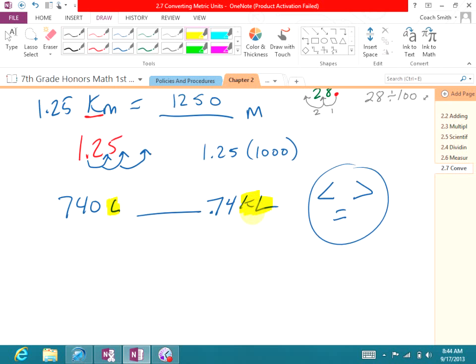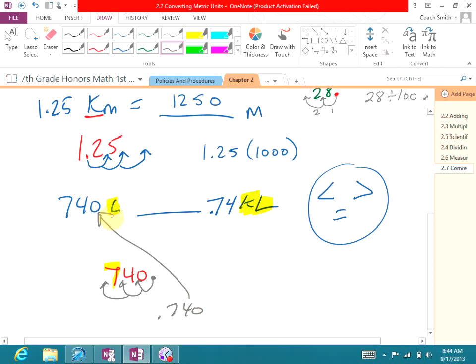So 3 means we divide by 1,000, or we simply take 740, put a decimal right here, and move it 3 places. Once, twice, 3 times. So that to be kiloliters, that would be 0.740. That's what that converts to, kiloliters. Okay, well, that's the same thing, because we don't have to have the 0 there. So these two then are equal.